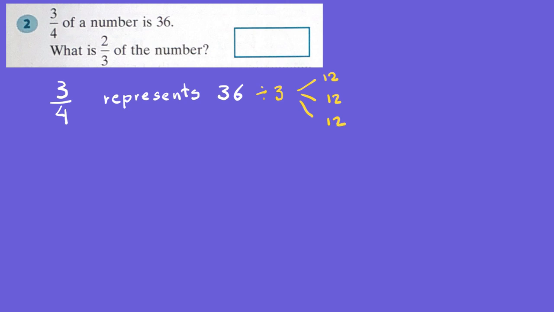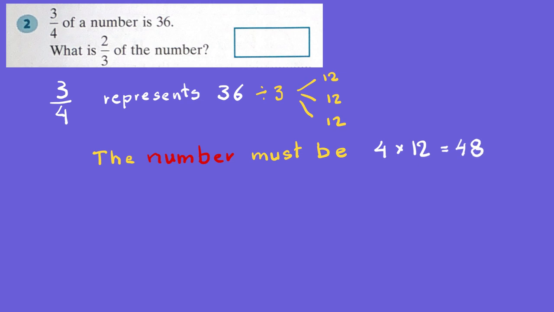So now I need to say, well, in that case, what is 4 parts of it? Therefore, the number must be 4 lots of 12, which is going to be 48. So now we know what the number is.